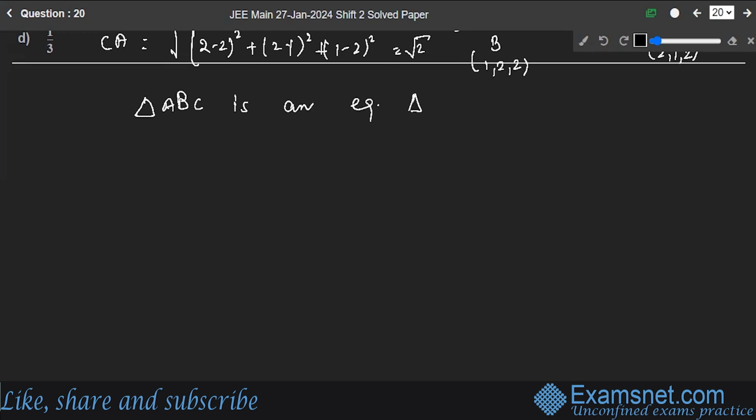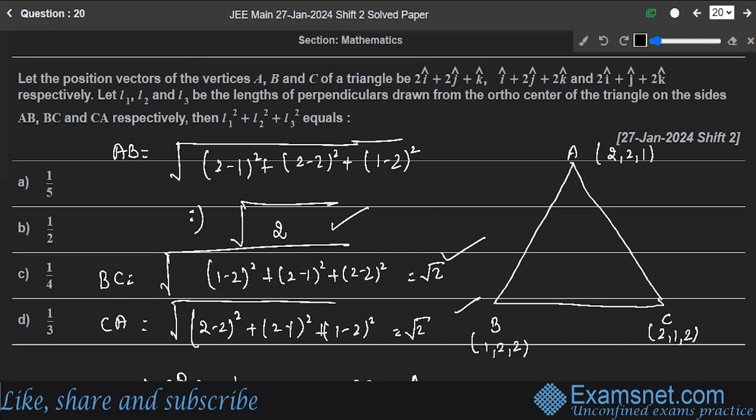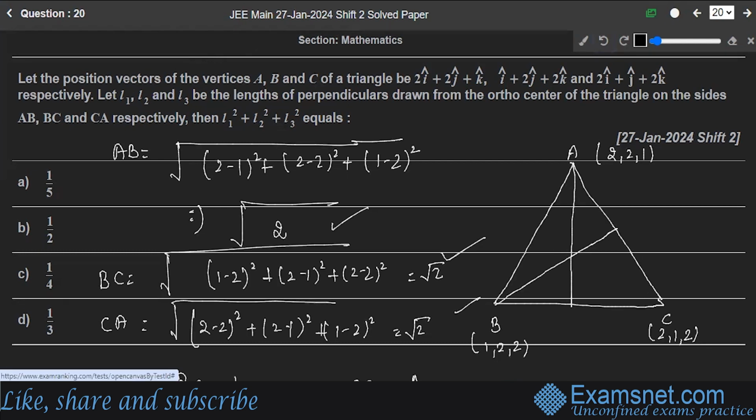It is an equilateral triangle, therefore orthocenter will be equivalent to your centroid. Let's make the orthocenter. So this is the point 1, 2, and 3.